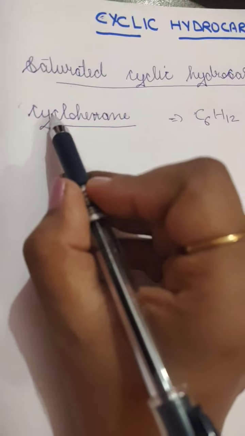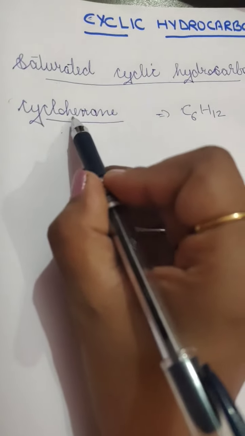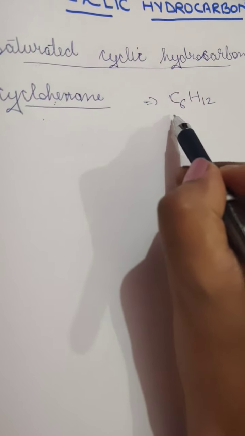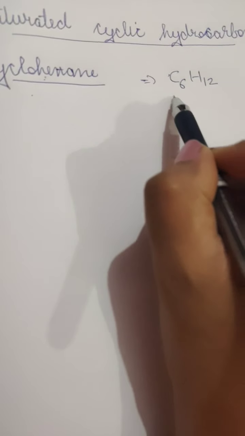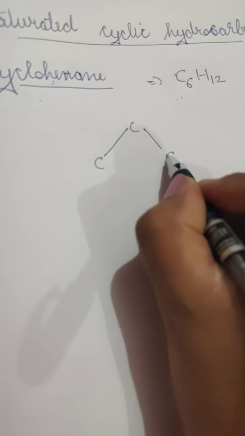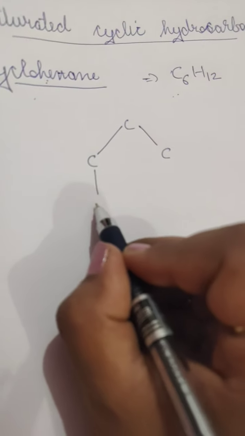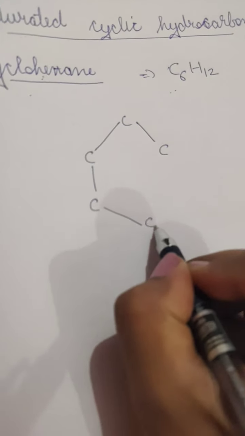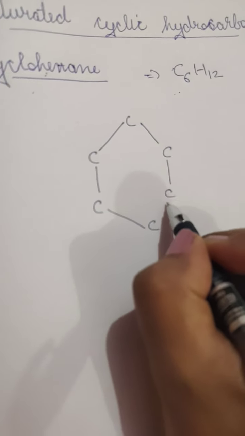That means it's cyclo and hexane. Hex means the number of carbons is 6. It is arranged in a hexagonal ring, somewhat like this. So it will form a hexagon. We have 6 carbons, and they will be arranged in a ring-like structure, basically a hexagon like this.